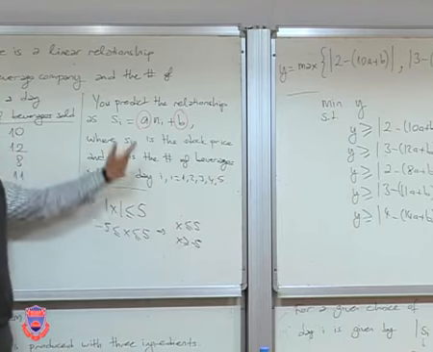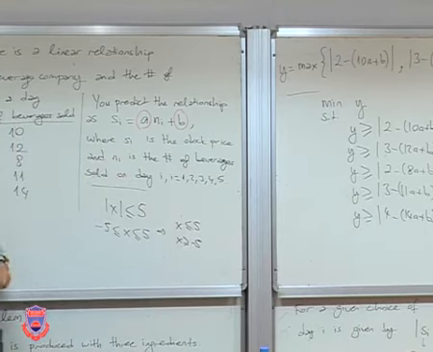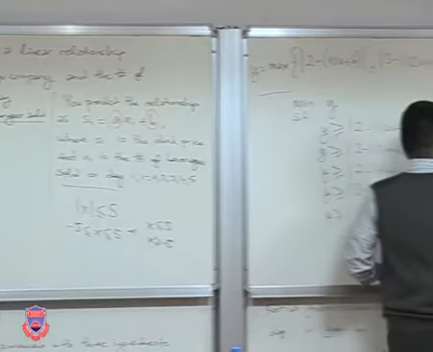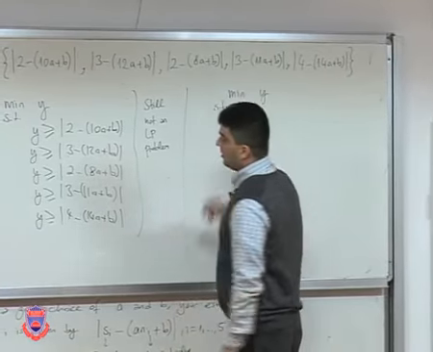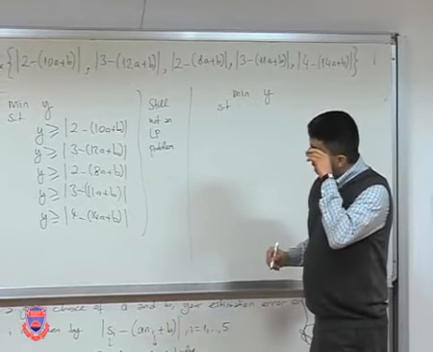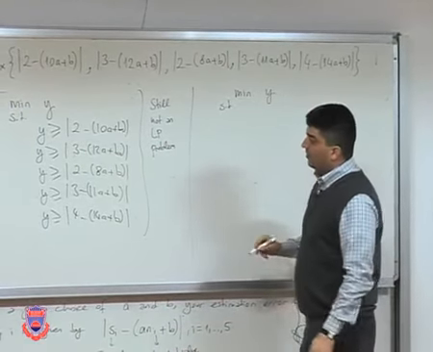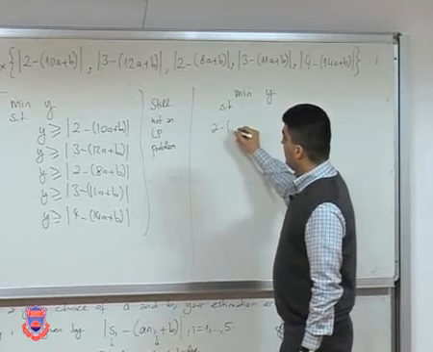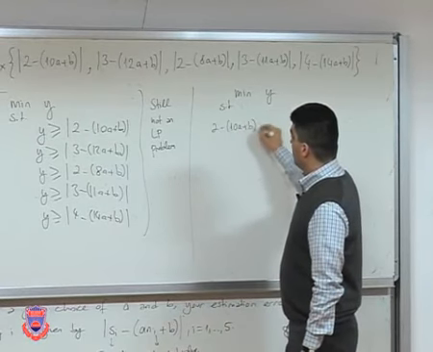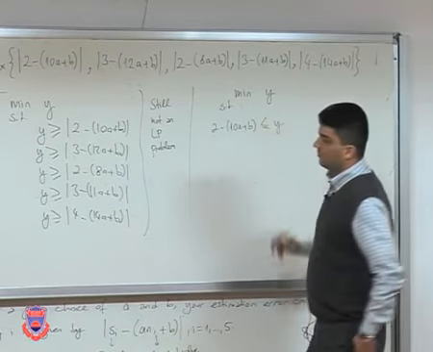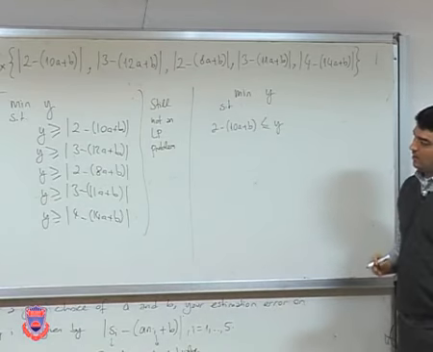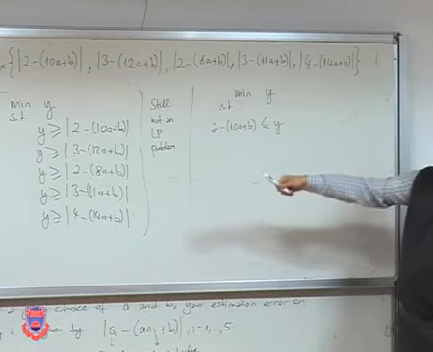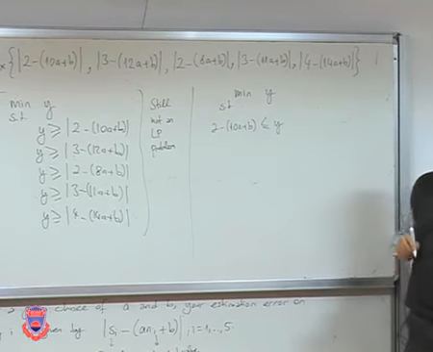Okay? So I'll just play the same game, right? I'll just do the same thing. So I'm going to minimize y, subject to. All right, so how can I deal with the first one? 2 minus 10a plus b should be less than or equal to y. So try to think of that example.